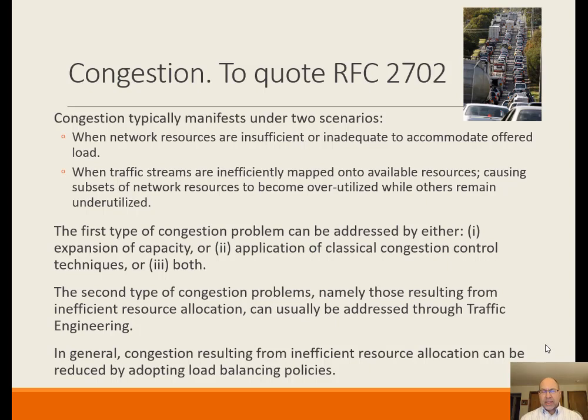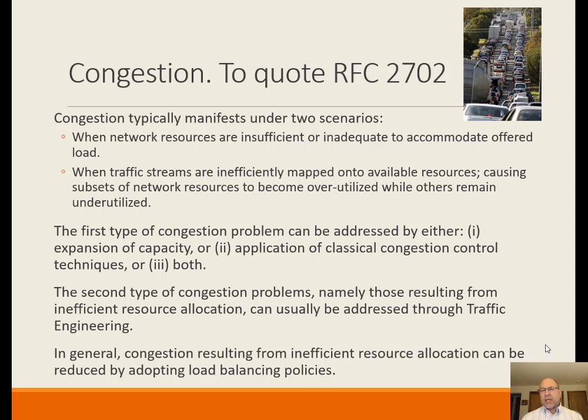Now, another way to think about that is, what if you took all the cars and put them on slow roads or roads that were single lane? Inefficient use. So maybe a good way to do this would be, well, I have lots of single lane highways. I'll spread out the traffic over them. So in general, for congestion resulting from inefficient resource use, as it says here at the bottom, if we do load balancing, we can handle a lot of that congestion.